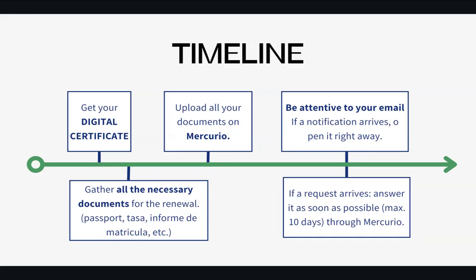All these notifications that come from the extranjeria take 10 days to open, meaning you need to open it within the 10 days or else it will expire and you won't be able to see what you've been missing. If you had a missing document, you might not be able to see it. Or if you have your resolution, you won't be able to see it as well. So it's really important that you're attentive to your email.